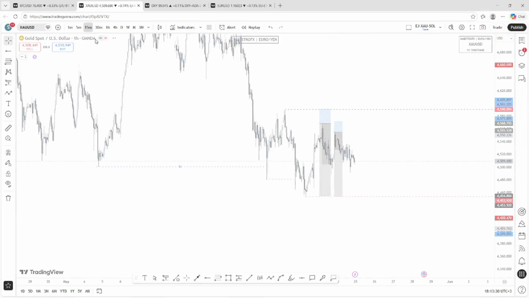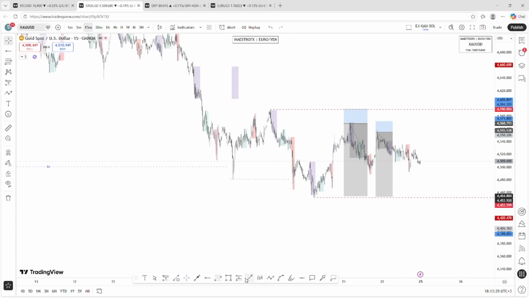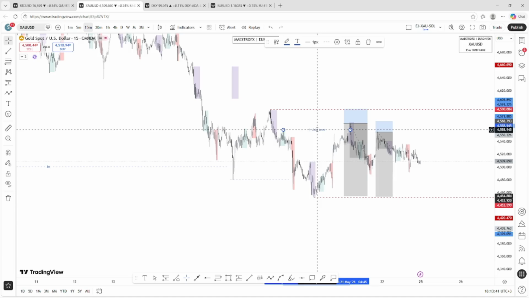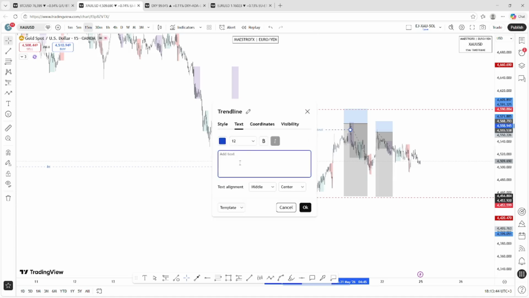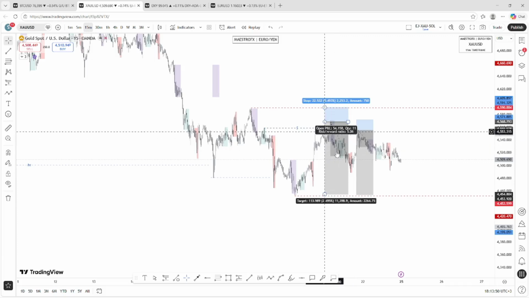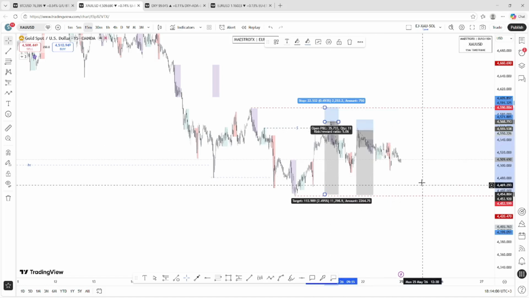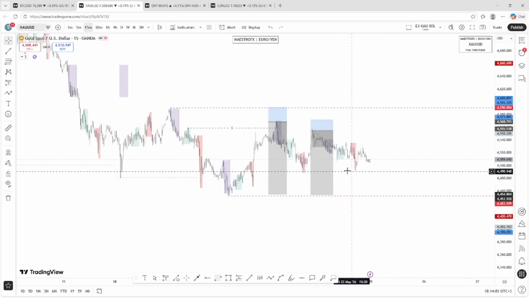So as to get a clear picture per time frame, you can see that we had this internal liquidity here, and I was anticipating that upon swiping this internal liquidity, I would get an entry, but unfortunately I couldn't capitalize again because it was the Asian session.